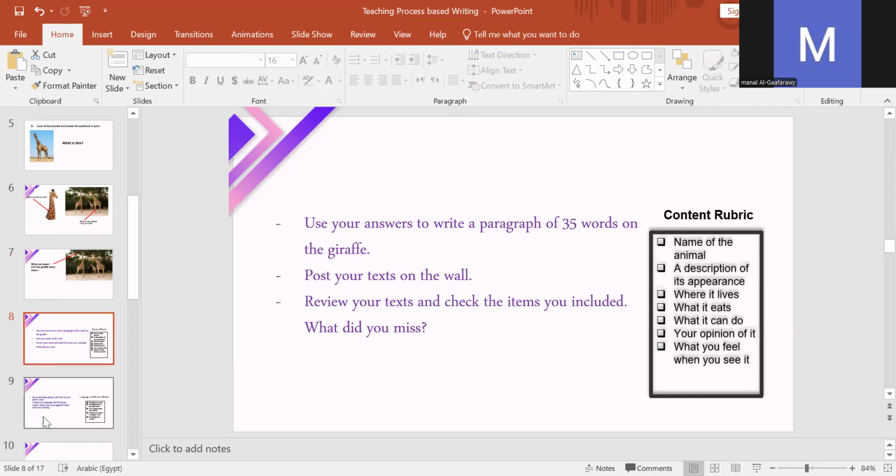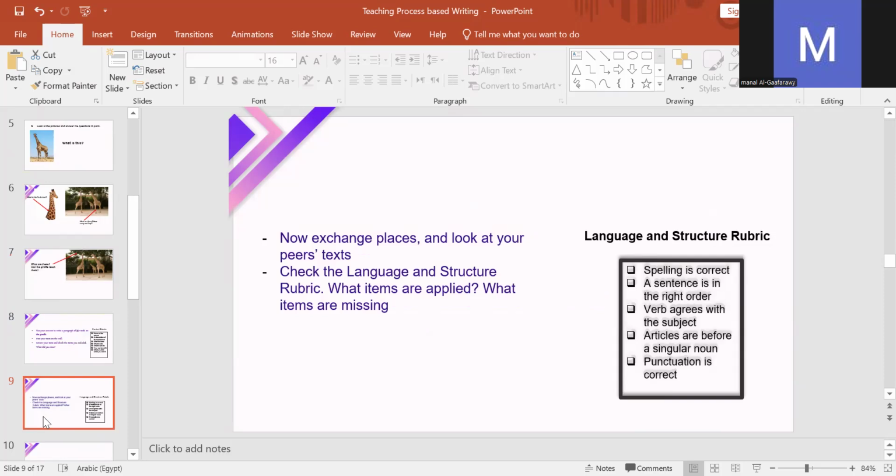Okay. Finally, on another stage, you provide students another rubric, but this time on language and structure. So students exchange places, but this time they won't look at the content.